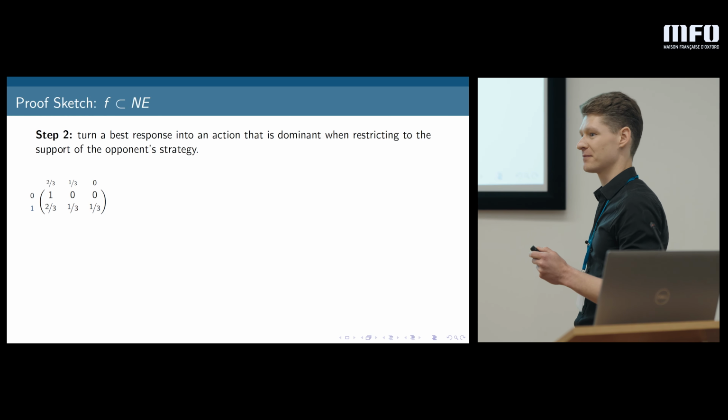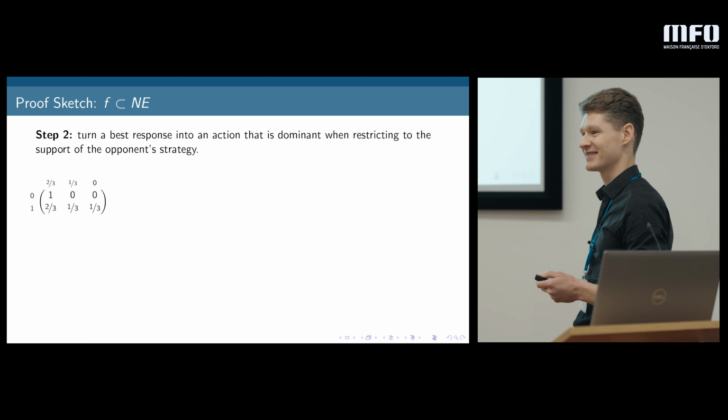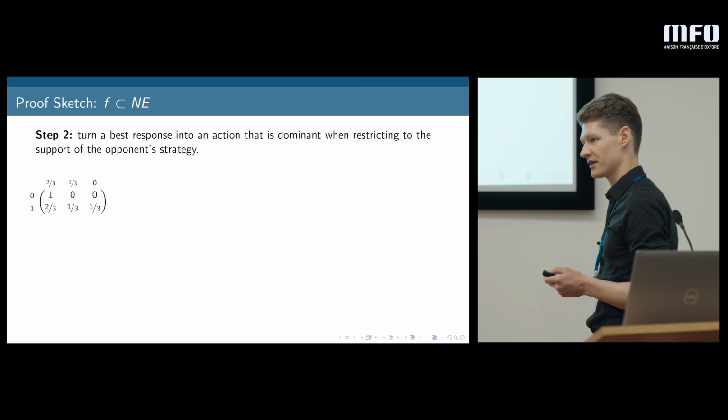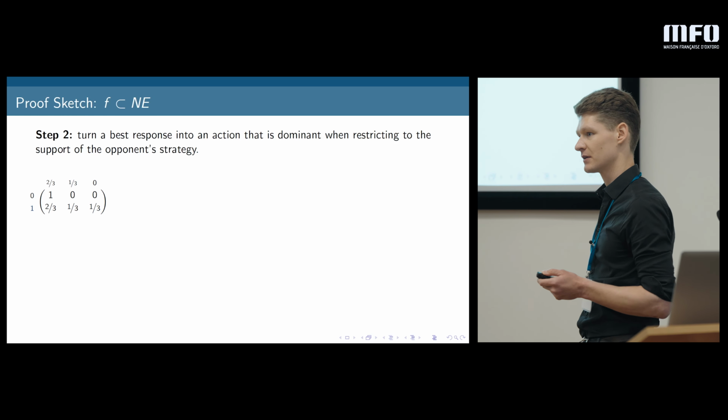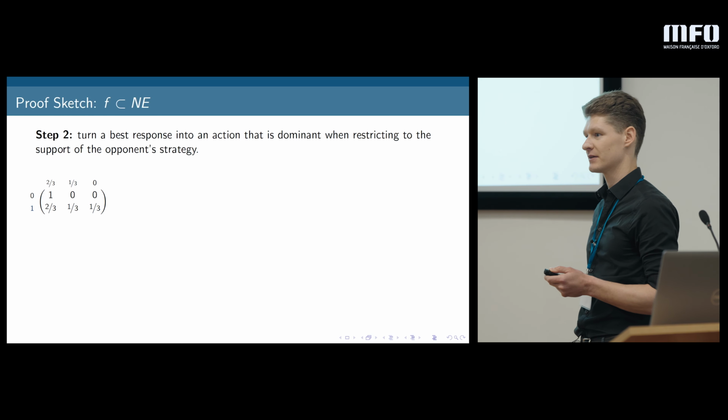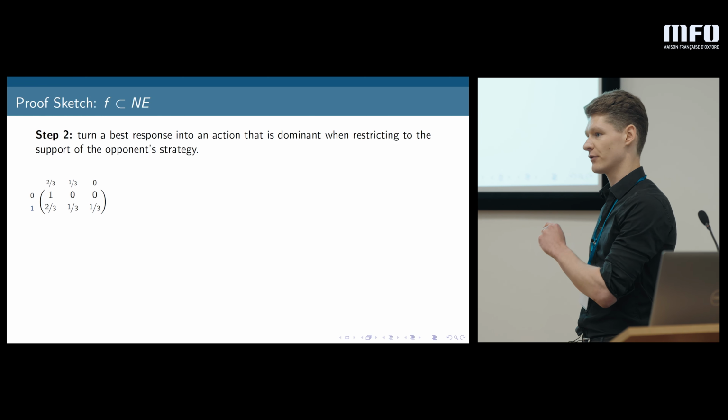Do you assume that every game has a Nash equilibrium, or is this a result of some...? If I assume that every game has a Nash equilibrium? Yeah, did you assume it in the family of games that you are dealing with? No, I'm arguing by contradiction for this part of the proof.